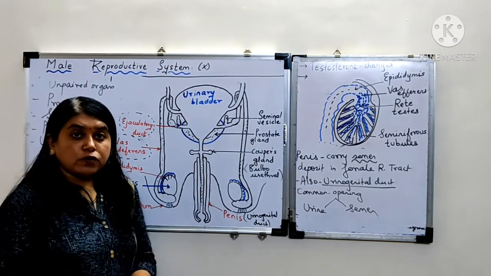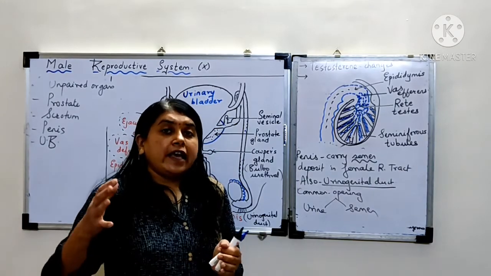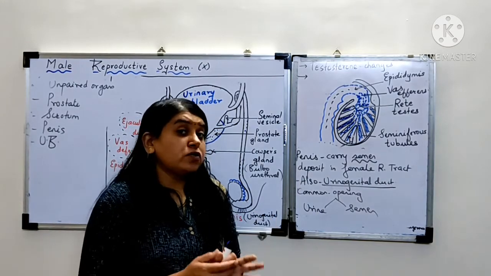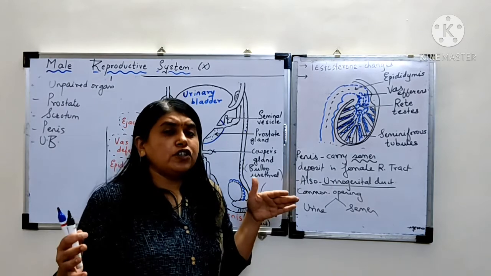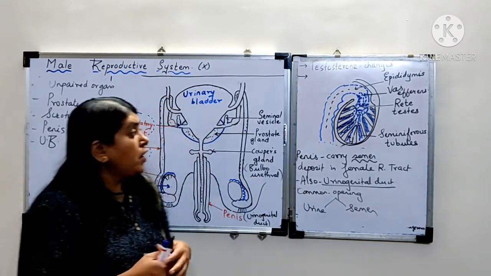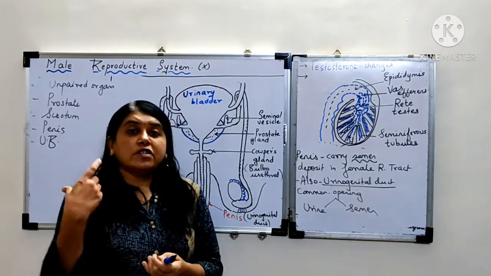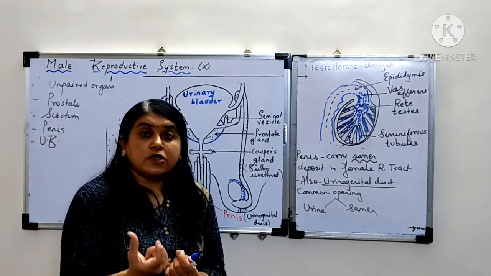This is the path of the sperms. Sperms are motile, they can move, they require energy, so they have mitochondria with which they can swim through the female reproductive system. If the function of the testes is asked, you will write they produce testosterone, a male sex hormone, as well as sperms.